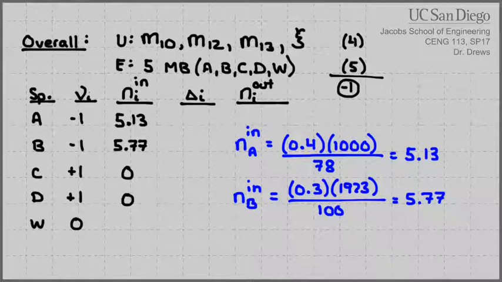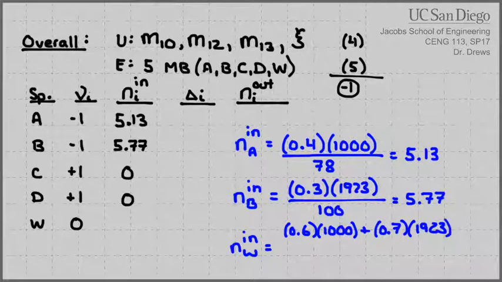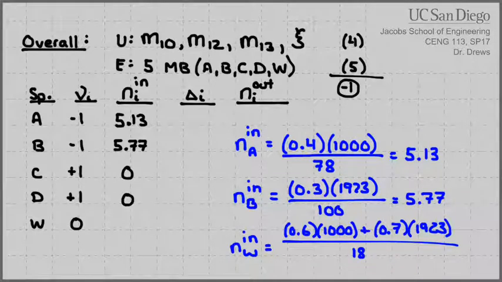And finally, our water, the moles of water coming in. There's a little bit in both of those streams. So there's 0.6 times 1,000 in stream 1, and there's 0.7 times 1923 in stream 2. All of that divided by the molar mass of water being 18.